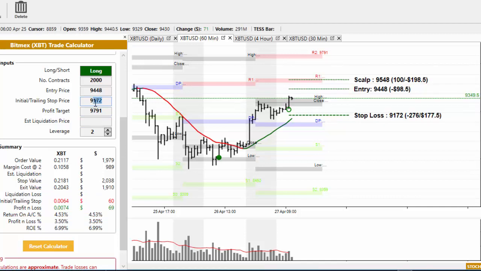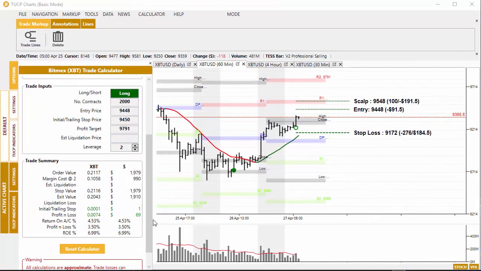I'm going to have moved the stop up to break even, which is the entry price. Plus, if you wanted to make it a bit easier, just to cover the fees, drop on a couple of dollars there as well, and again you can see you're accounting for the fee as well as the profit. So that's how the calculator works.